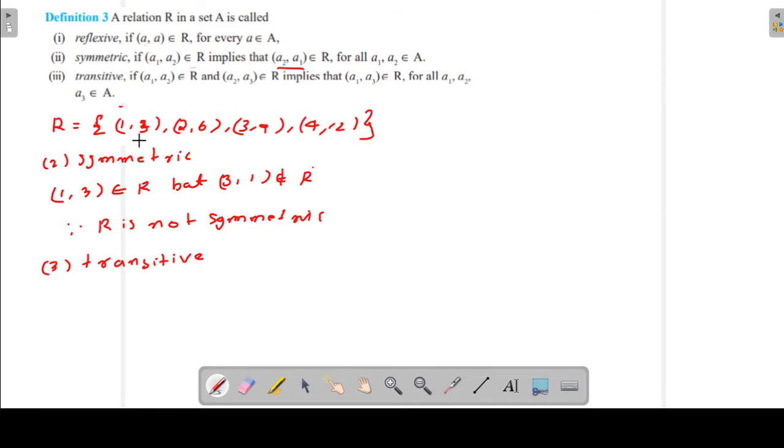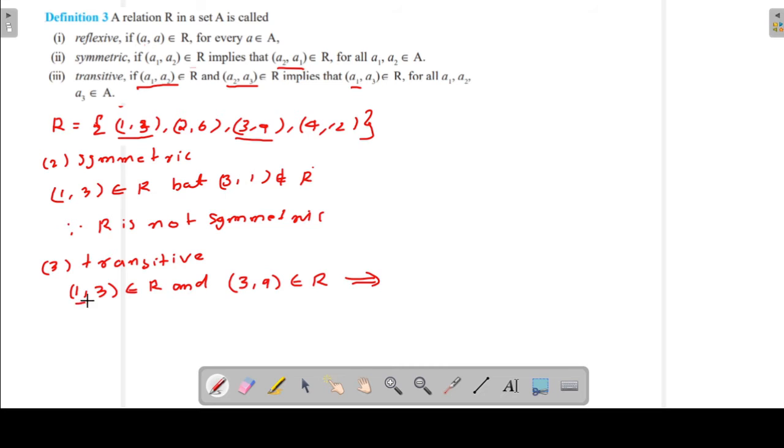Transitive or not. So you take this first in the definition: (a1, a2) belongs to R and (a2, a3) belongs to R. So you take (1, 3) and (3, 9). So (1, 3) belongs to R and (3, 9) belongs to the relation R. This implies you check, is (a1, a3) belongs to R?